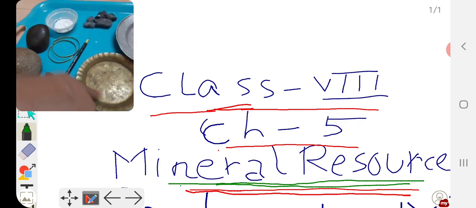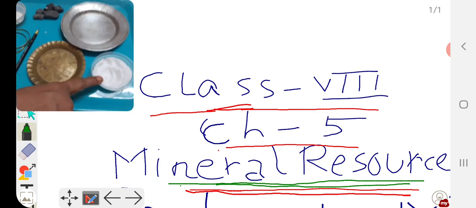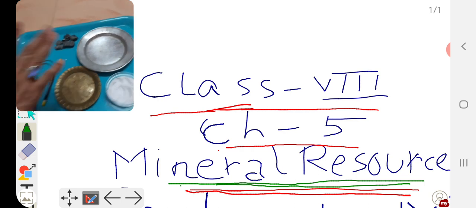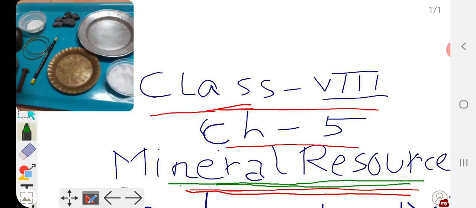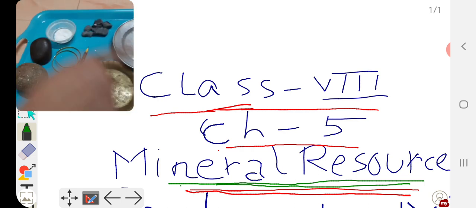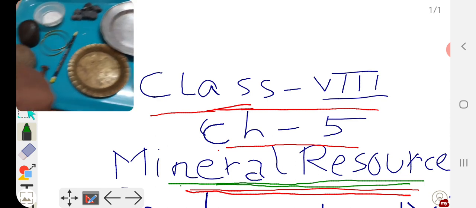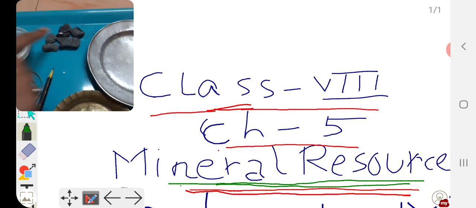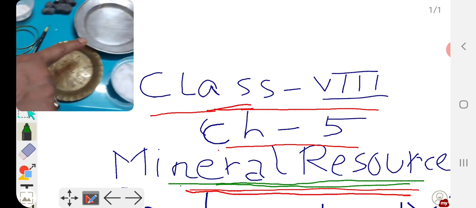So here we got some types of minerals. First, metallic and non-metallic. Second, ferrous and non-ferrous. And third, organic and inorganic.